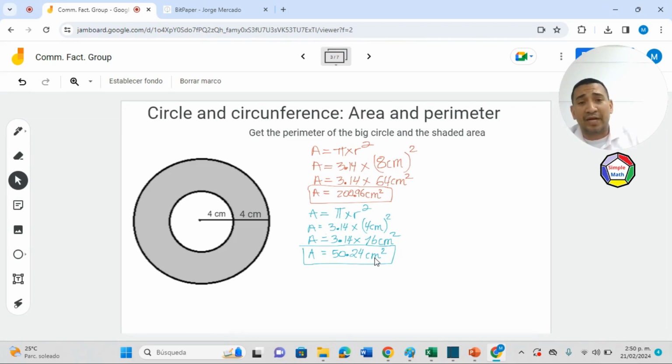Now we have to subtract both areas to get the shaded area. So let's write it here.